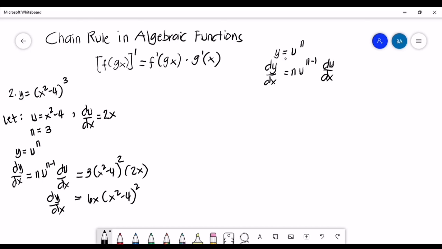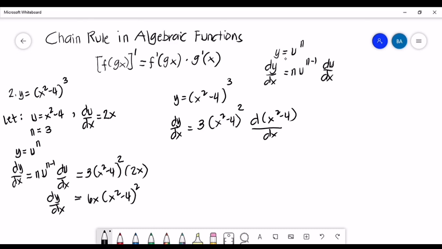If you're going to apply just the basic concept of the chain rule, if our y is equal to (x squared minus 4) raised to 3, then in order to solve for the derivative, the derivative of y with respect to x is 3 times (x squared minus 4), 3 minus 1 is 2, and then the derivative of x squared minus 4 with respect to x.